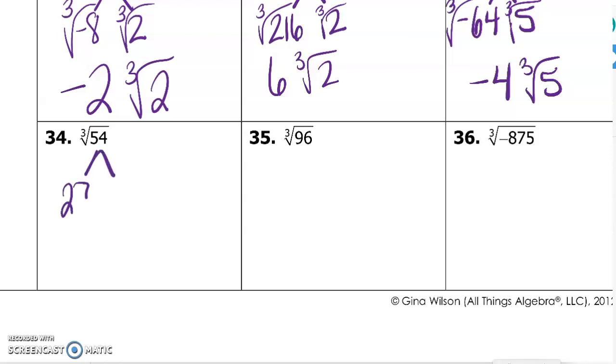Next, 54 is 27 times 2. So cube root, cube root. Cube root of 27 is 3. Cube root of 2.